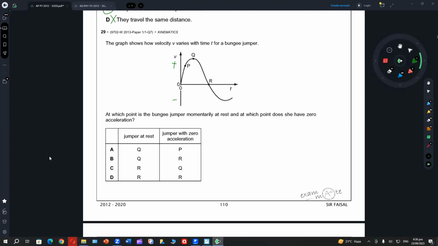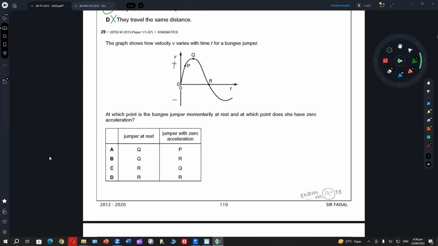And when they fall, the string is elastic. It's elastic. Otherwise, if you tie someone from the feet with a rigid string, then the person might lose the feet. So they jump, they go down a bit and then they come up. That's why we use the word bungee jumper.